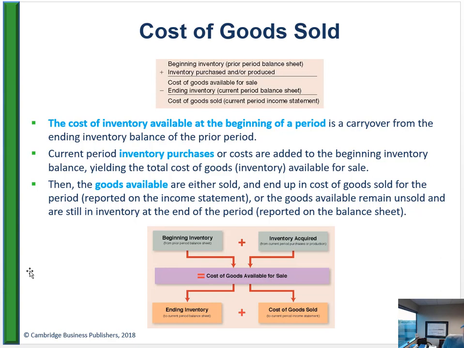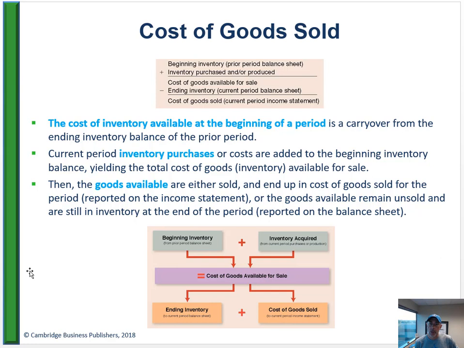Okay, let's take a look at this graphic on page 6 that shows how cost of goods sold flows through to the balance sheet. We have beginning inventory, and to that we're going to add any inventory that has been acquired. Now the sum of those two equals the cost of goods available for sale. That's the total amount of inventory that we had available during the period.